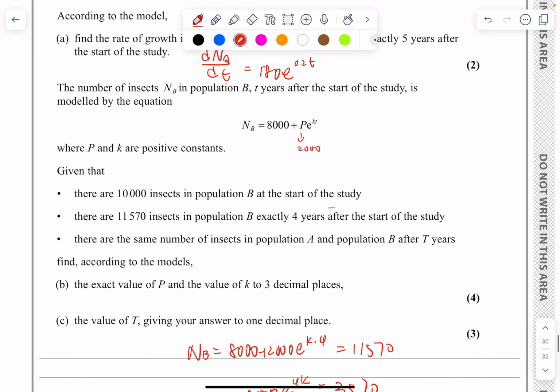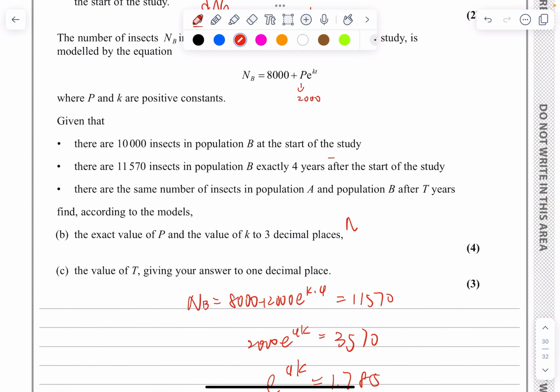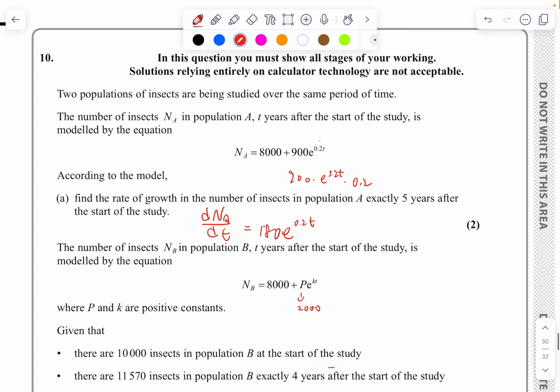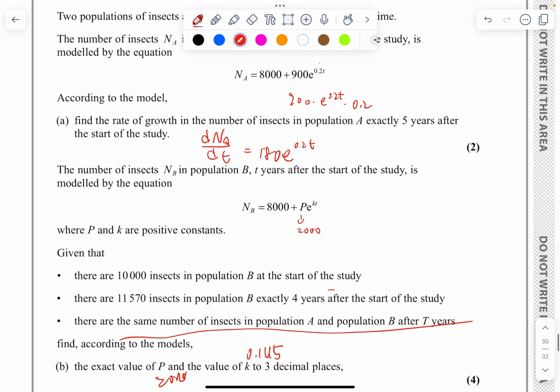There is the answer. So we have N_B equals, I just have to write 0.145. And this is 2,000. And then calculate the value of t, big T. What is a big T? They have the same population after t years. So N_A equals N_B. So 8,000 plus 900 e^0.2t equals 8,000 plus 2,000 e^0.0145t. Cancel.